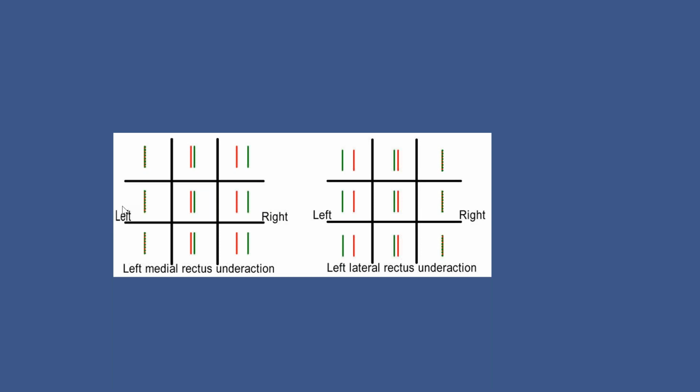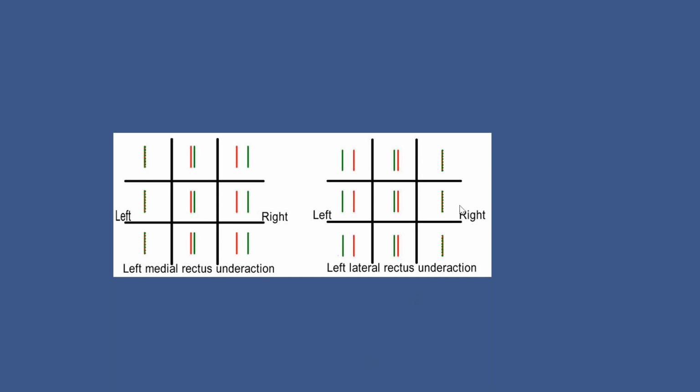When the patient looks right, the left eye is adducting, when the medial rectus is supposed to function, and the patient gets maximum separation between the images. That means the left medial rectus is involved. That is how you interpret a diplopia chart.